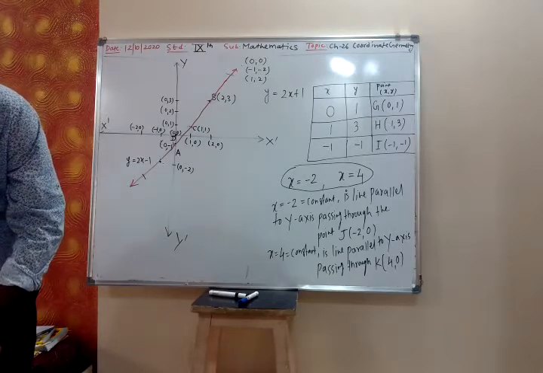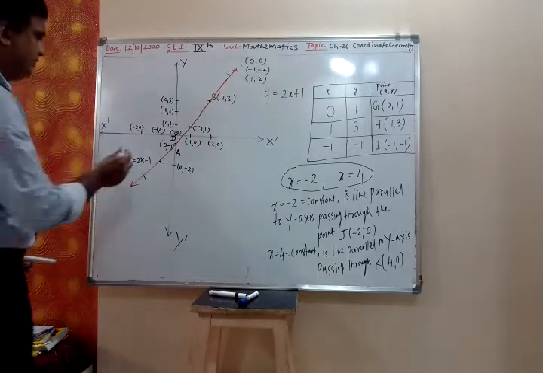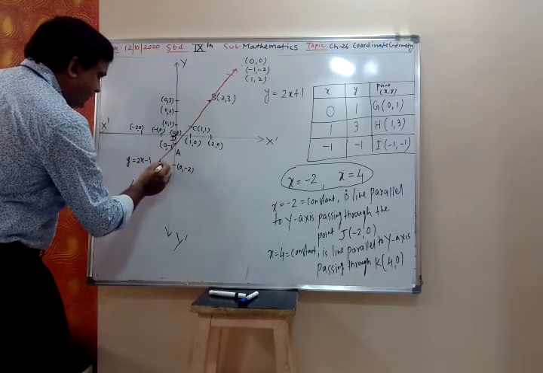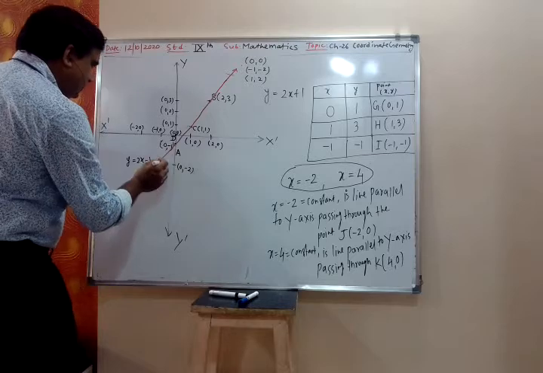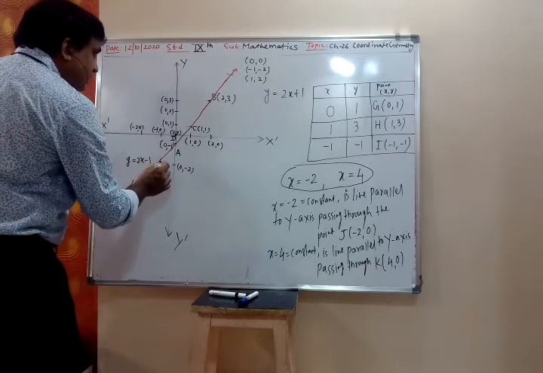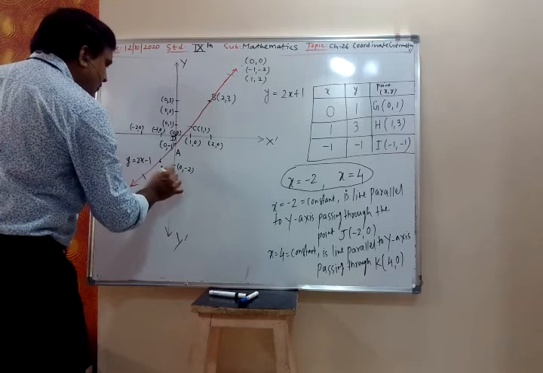No. My question is whether it is coming on the same line? No. It will not come on the same line. So this is my point E, minus 1 comma minus 2.